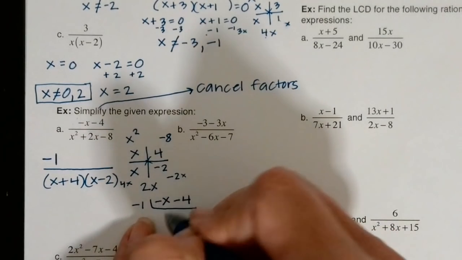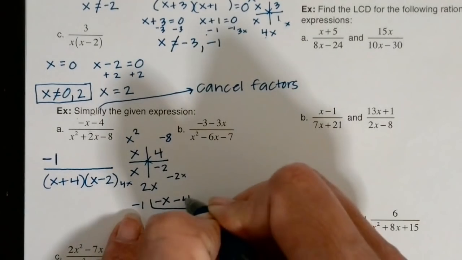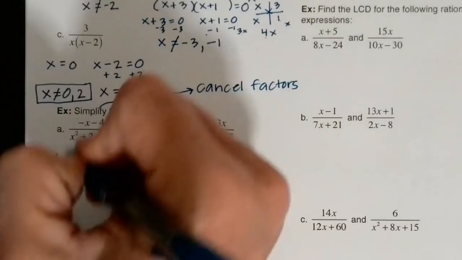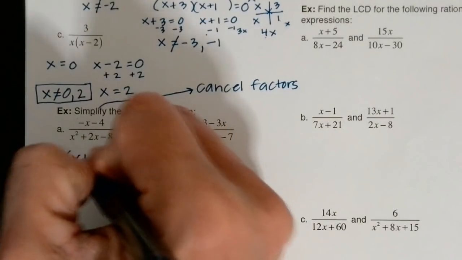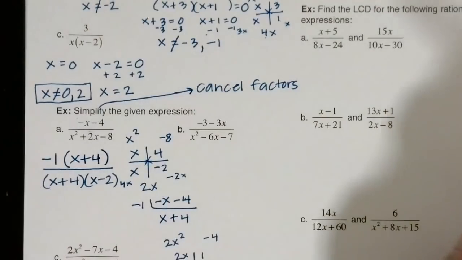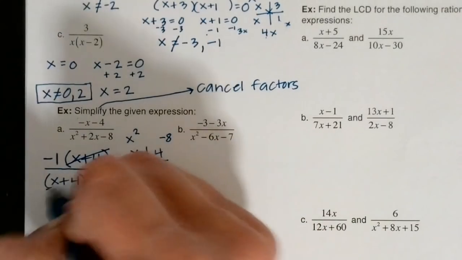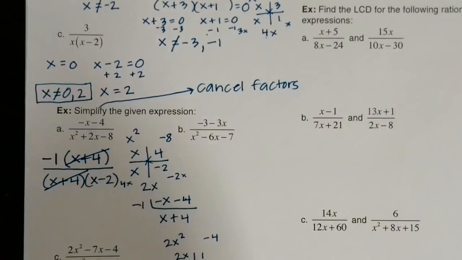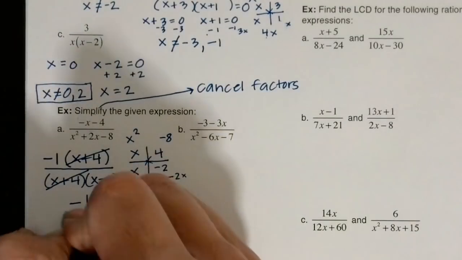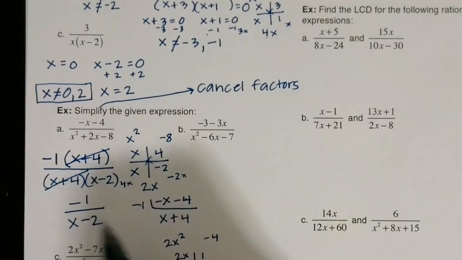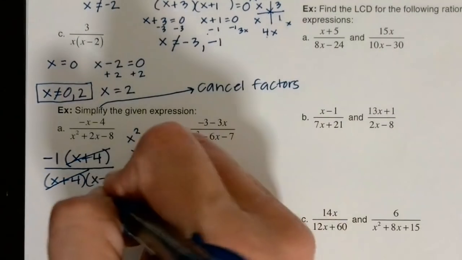So negative 1, this would just be x, and what's negative 4 divided by negative 1? That's positive 4. So there is an x plus 4 kind of hidden in there. Now I have the same families, so I can cancel them out, and they're going on vacation. This is our answer right here.